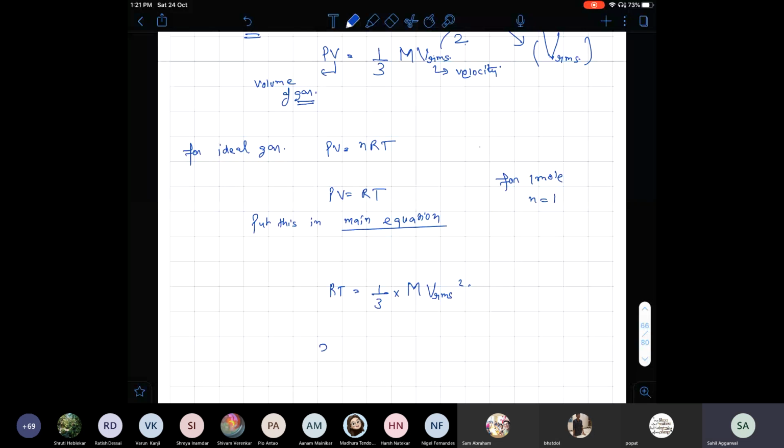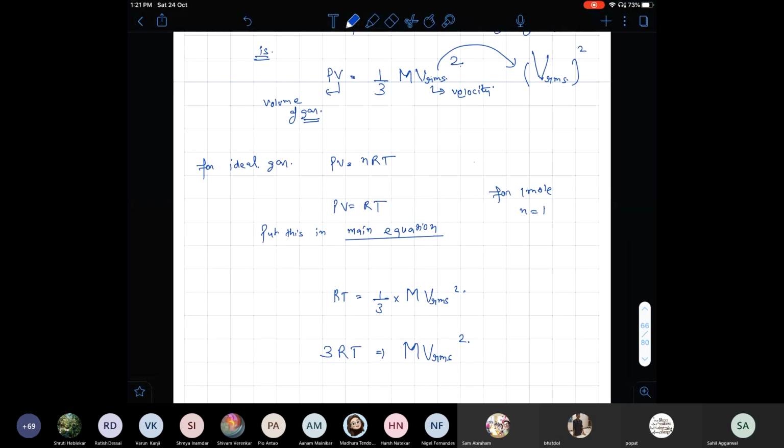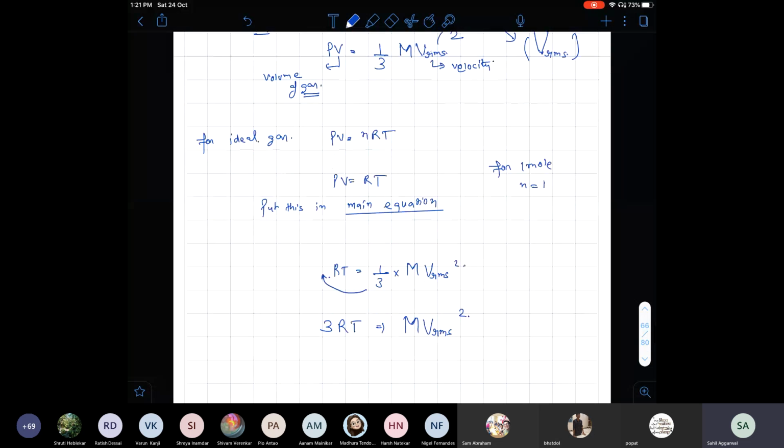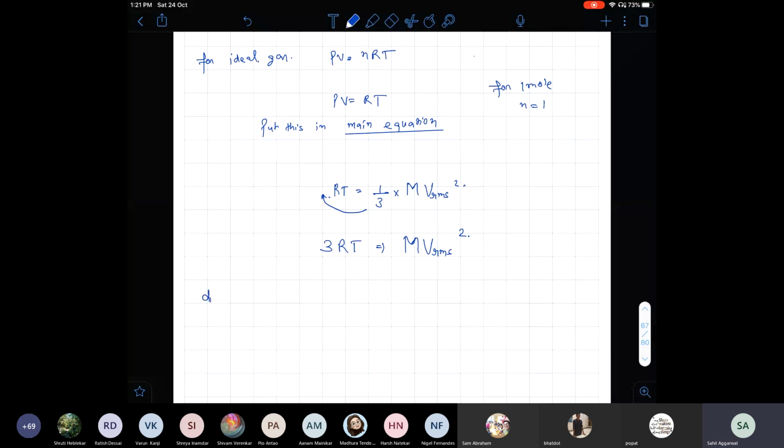Multiply, or you can say 3RT is equal to m V RMS whole square. Now divide both sides by 2, so it becomes 3/2 RT is equal to 1/2 m v square.